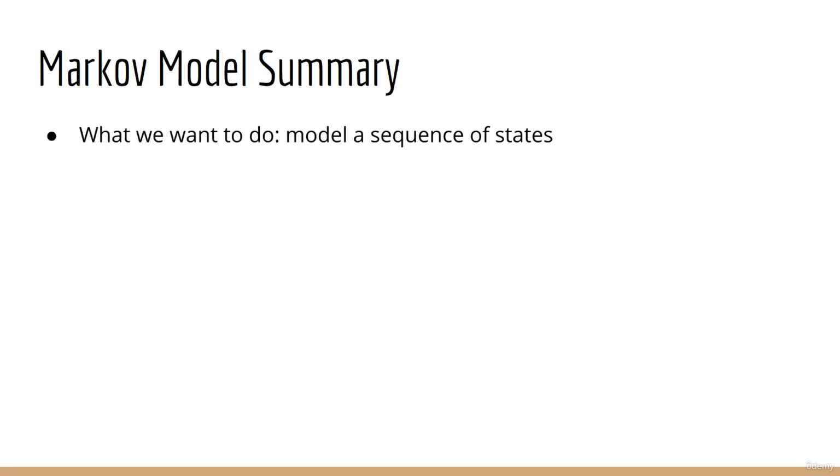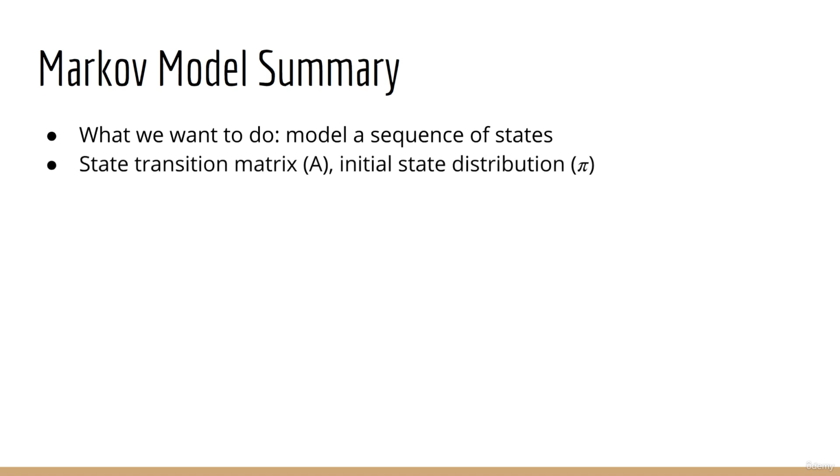Okay, so let's summarize what we've learned in this lecture, since we've covered quite a lot of new content. In this lecture, we learned that using more generic terms, our job is to model a sequence of states. Our Markov model is made up of two objects, the state transition matrix A and the initial state distribution pi. At this point, you know what these probabilities represent.